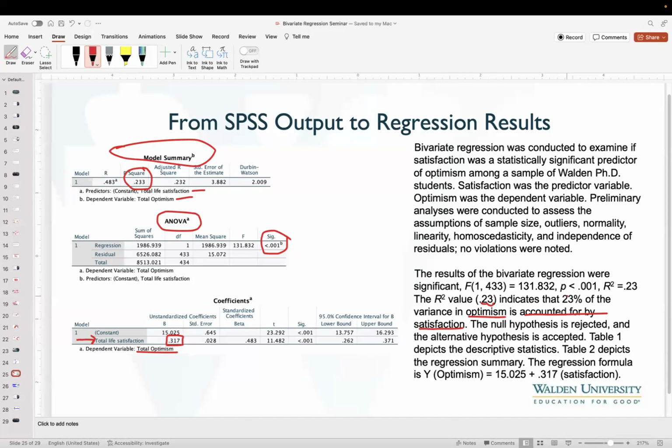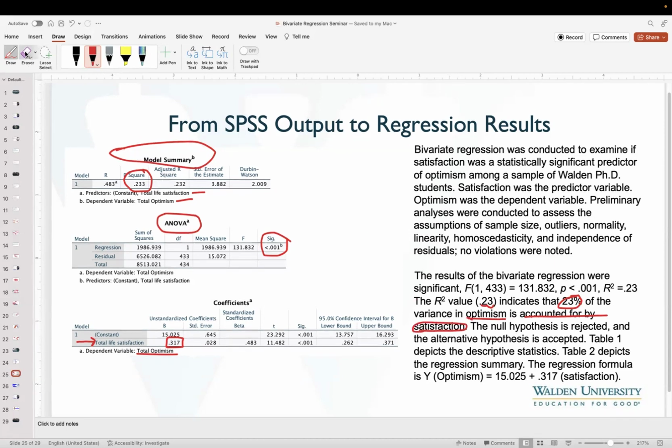That's a pretty good effect size. That's very good in the social sciences. So do you see now what that's telling us? That's a lot of good information.